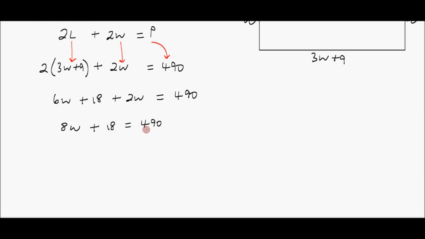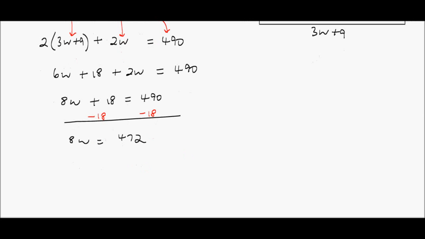Let's subtract 18 from both sides here to get the 8W by itself. So we have 8W is equal to 490 minus 18, which is 472. Let's divide both sides by 8. And we get W is equal to 472 divided by 8, which is 59.